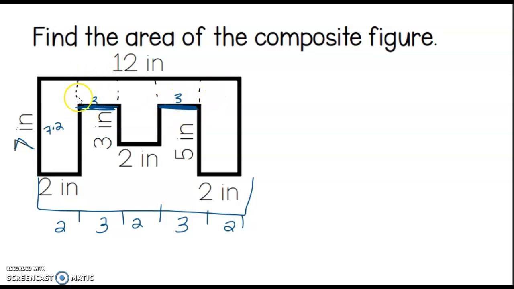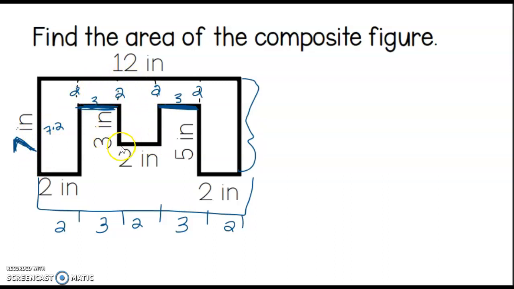And then how tall it is, well, if this whole thing is 7, this is tricky, and this portion of it is 5, that means all of these must be 2 tall. All of these are 2. So this part is 7 by 2, this part is a 2 by 3.